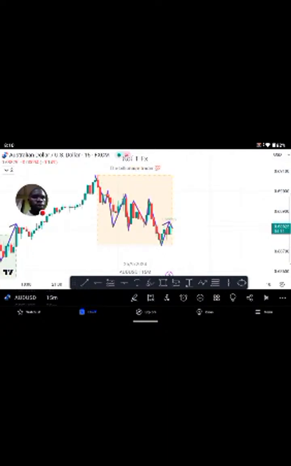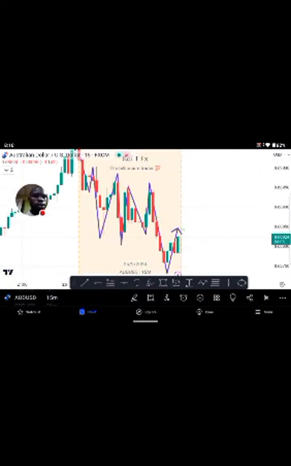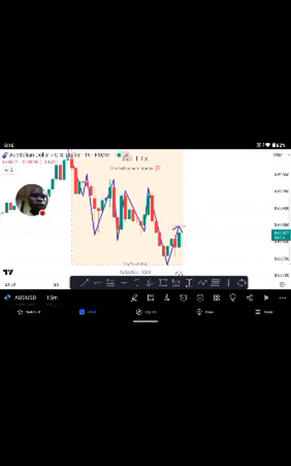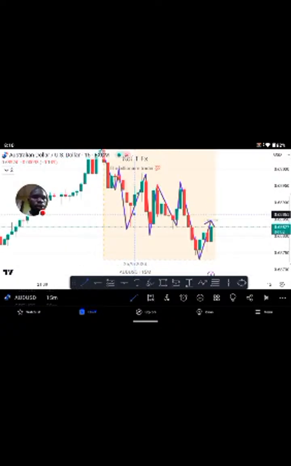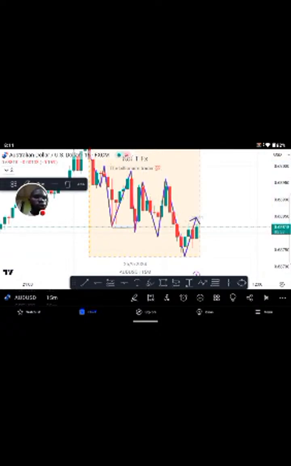Okay, this is what we have here. So let's critically look at it. We have price taking out this low, giving us one. Then what we are expecting to happen before is that this should come down, take out this low as well to give us two.